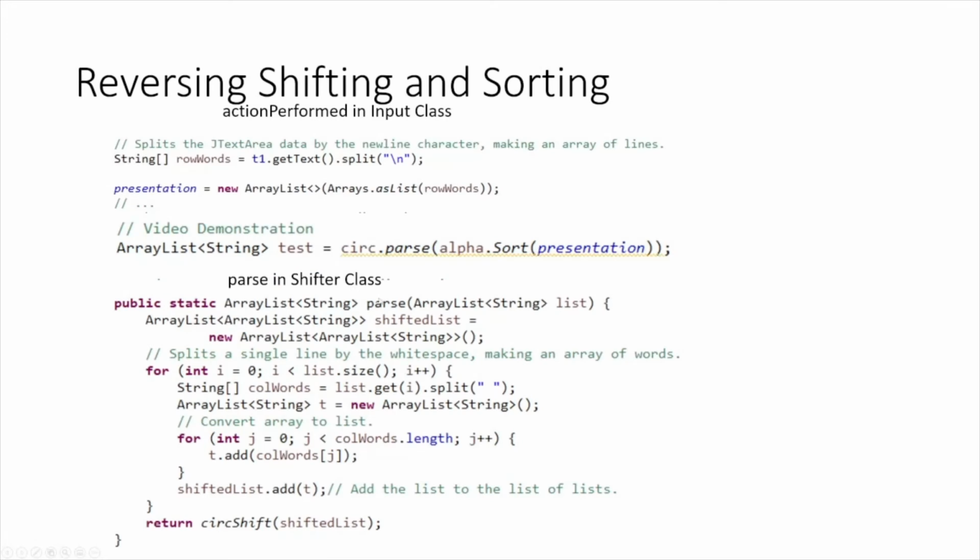Okay, for the third part requirement, we have code snippets that you saw in the action performed, in which we declare and initialize a different list to be passed through the filters. As for the shifter, we use this method to parse an array list of strings to an array list of strings. Then we can use our already made shifter to filter the data, and once more.